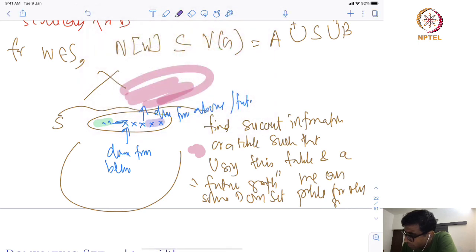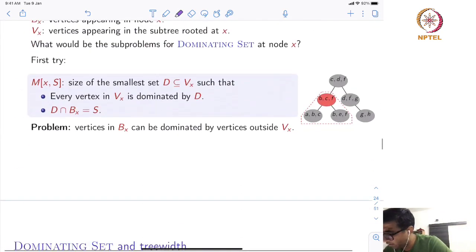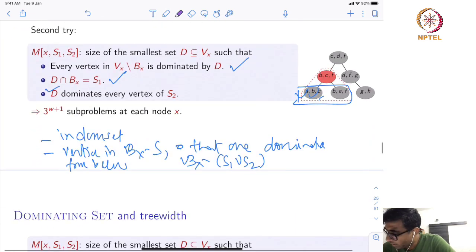So there are some vertices which will be dominated from outside. So in some sense you are trying to find a dominating set. If I have to write it alternatively, what are we trying to do here?